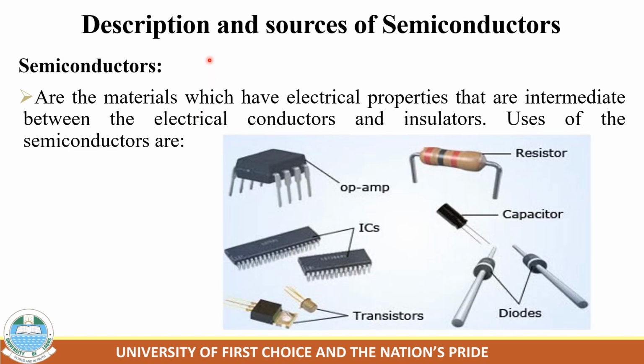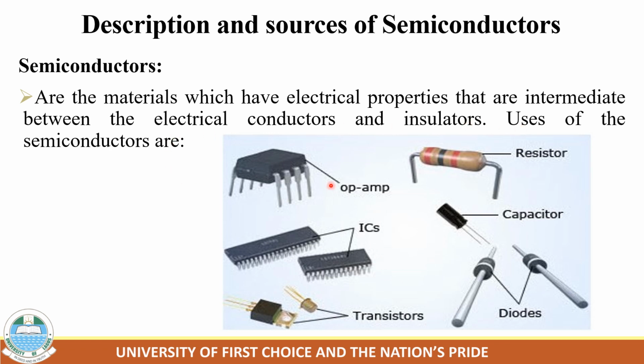Next, another material is the semiconductor. Thank God you are physics students. You are going to make use of a semiconductor for the practical exercise. Semiconductors are materials which have electrical properties intermediate between electrical conductors and insulators. Uses of semiconductors: you commonly know them in your electrical and electronic appliances.